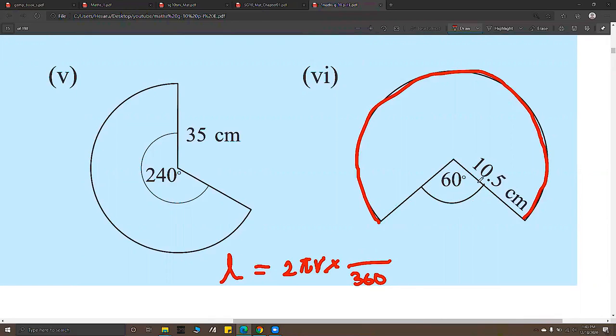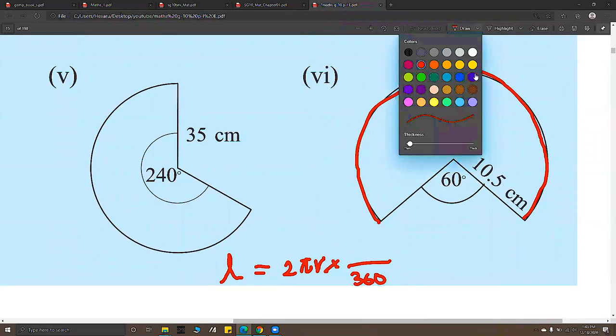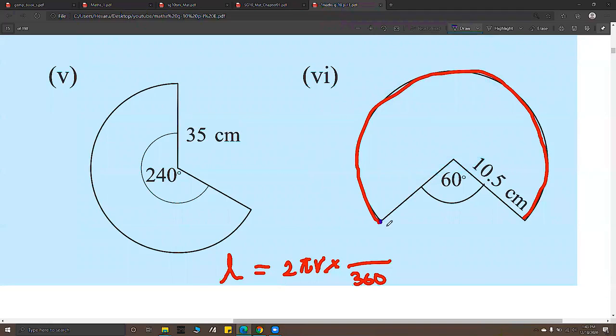No, 60 degrees is the outside angle. If we take this circle section, the one I drew in blue color, the 60 degrees is the angle of this circle section.